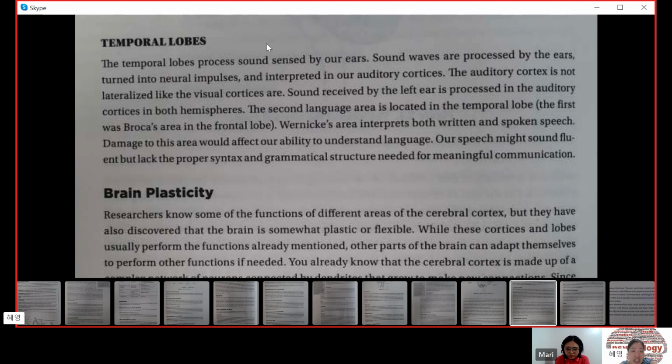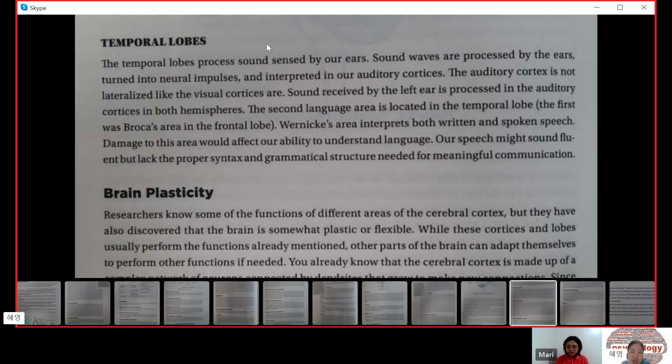The second language area is located in the temporal lobe: Wernicke's area. Previously we talked about Broca's and Wernicke's areas. Wernicke's area interprets both written and spoken speech.